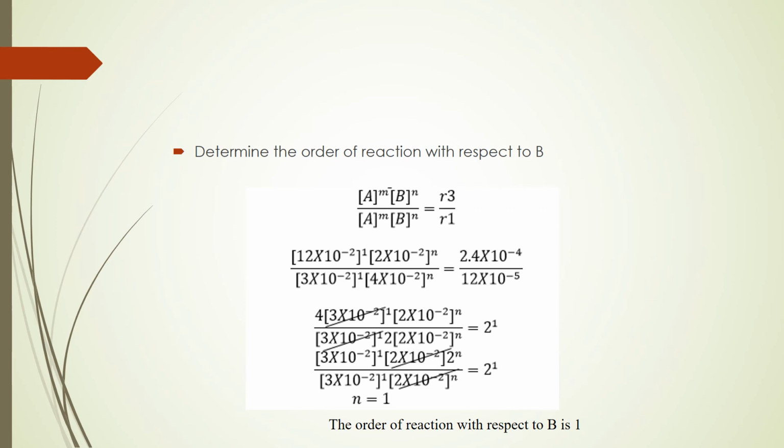We also cancel out 2 times 10 to the power of minus 2 over 2 times 10 to the power of minus 2. We are left with 2 to the power of n, which is equal to 2 to the power of 1. Because of that, n equals 1. So the order of reaction with respect to B is 1.